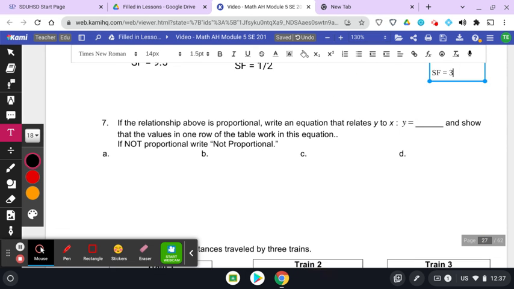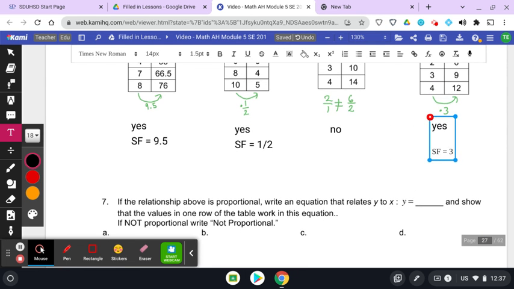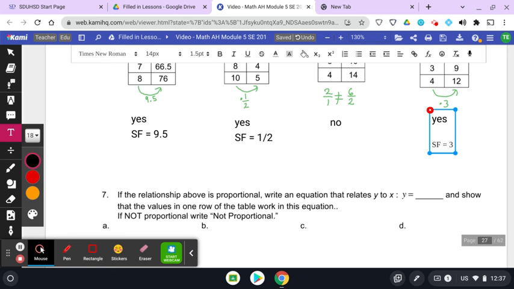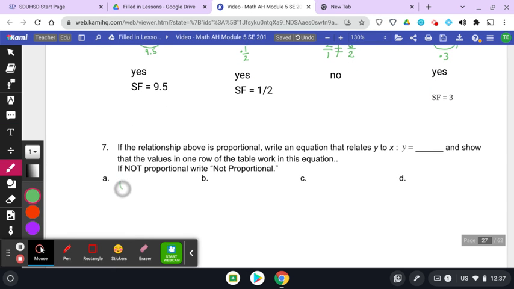Okay, so if we know the scale factor, we can write our equations. Okay, so here, if I want y, I take the x and I multiply by 9.5. So 9.5 times x. Or if you write it in fraction form, 19/2 x is equal to y.